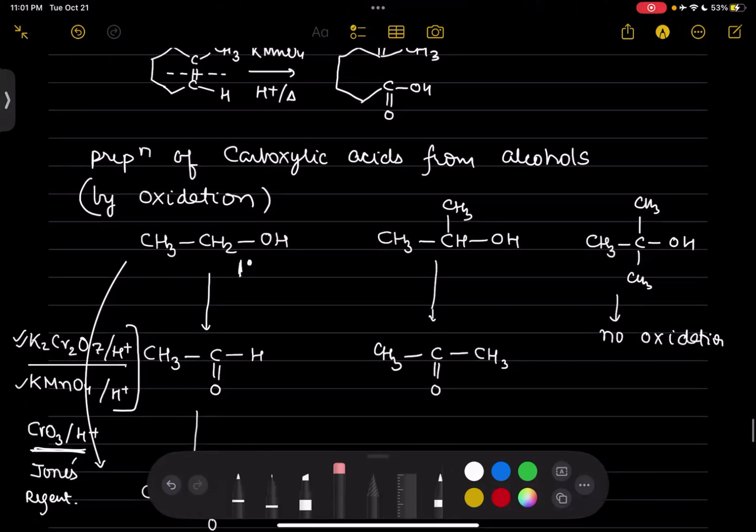Then by oxidation of primary alcohols, because secondary alcohols will give us ketone and tertiary alcohols do not get oxidized. Take a strong oxidizing agent only. Otherwise, if you take PCC, you will get aldehyde. Got it?